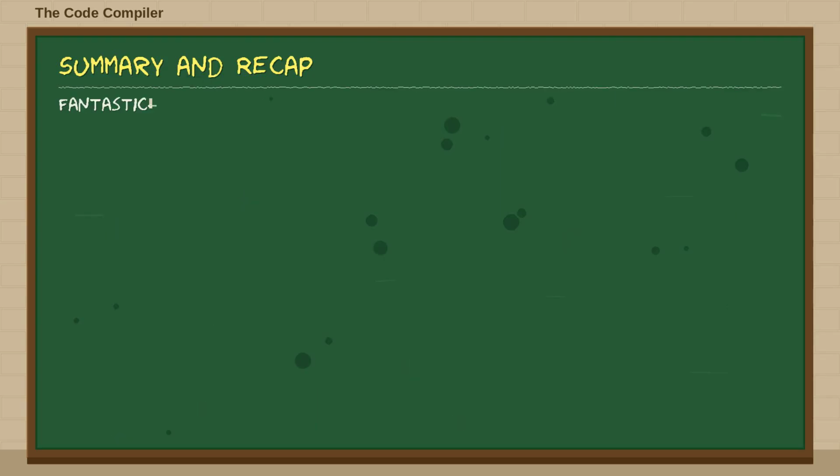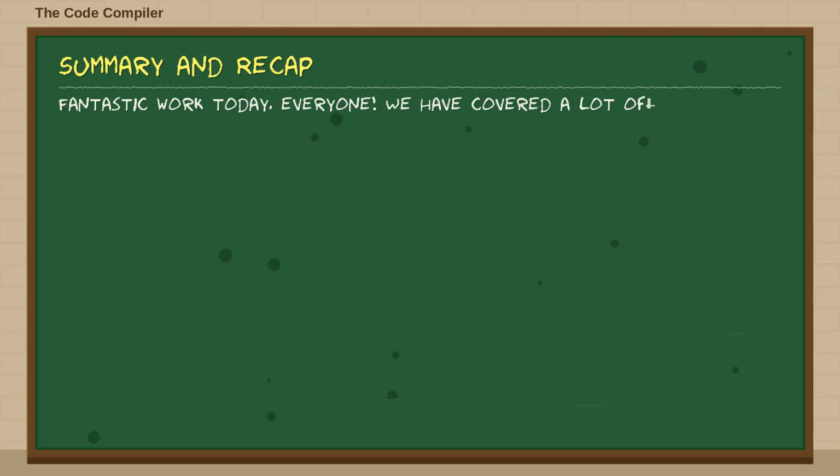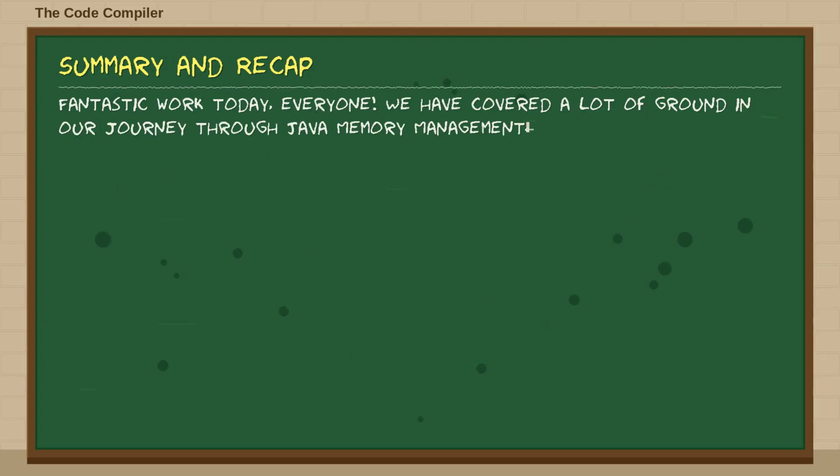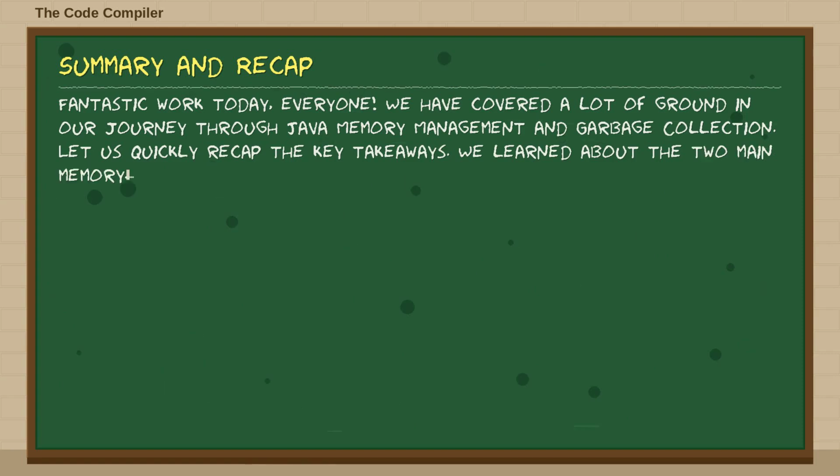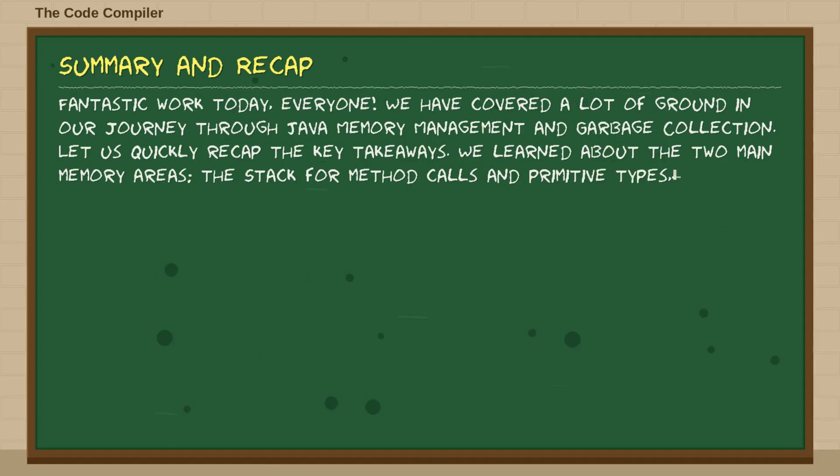Fantastic work today, everyone! We have covered a lot of ground in our journey through Java memory management and garbage collection. Let us quickly recap the key takeaways. We learned about the two main memory areas, the stack for method calls and primitive types, and the heap for all objects.